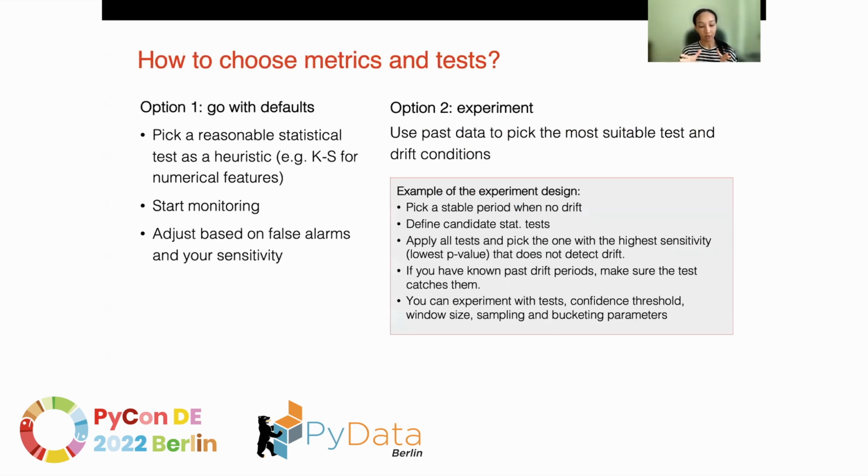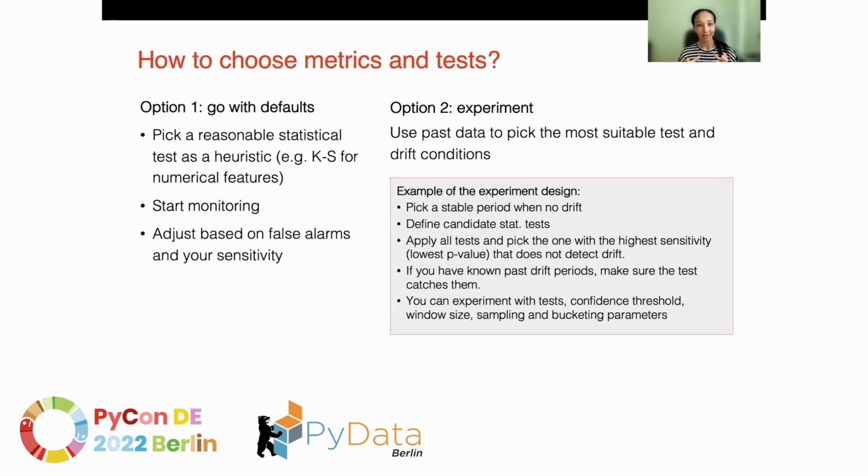And finally, how to specify all the tests and metrics and thresholds for alerts. There are basically two strategies. The first one is to go with defaults. In this case, you can just pick the tests based on the feature values, right? For example, start your monitoring using tools like Evidently, where you have everything predefined.